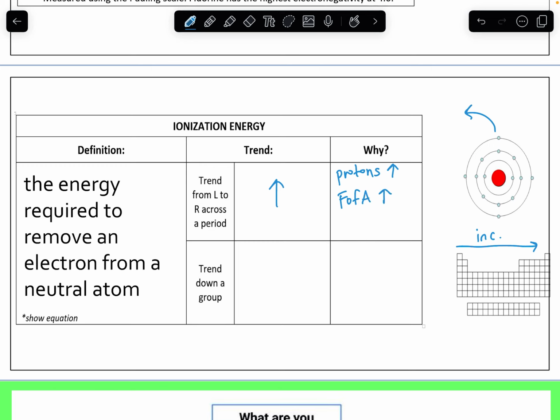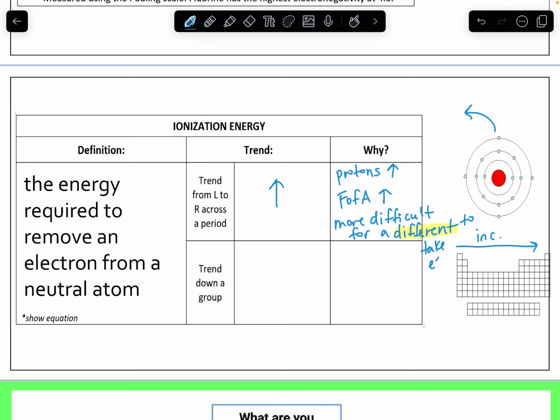So it's going to be harder, more difficult for a different atom. Okay, that's kind of the key word here. Okay, a different atom to take, I'm going to just put a little e with a minus sign, our electron.